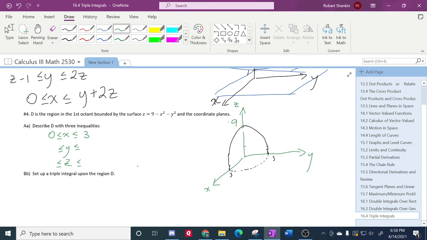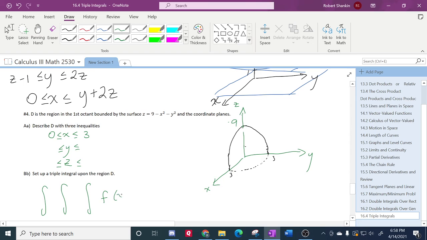Okay, 30 seconds more. Are we using these inequalities to describe the bounds of the triple integrals? Yes, these will be the bounds on the triple integral.